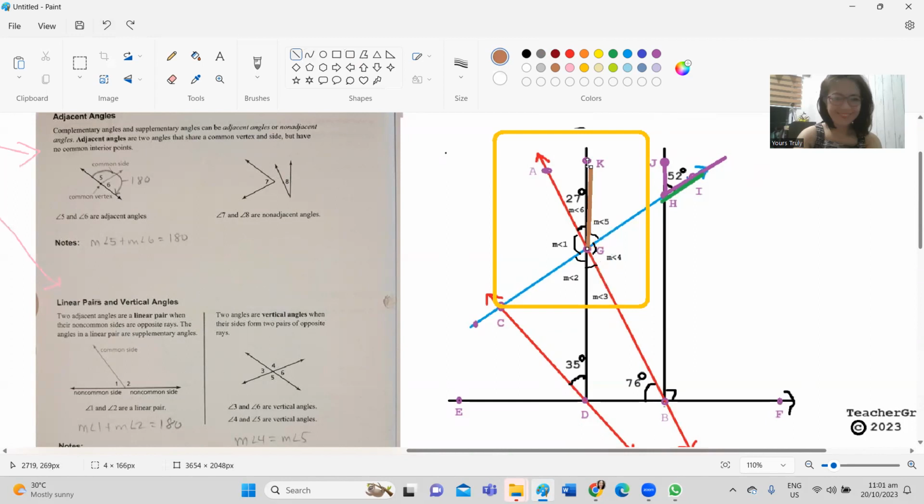If we use the line segment K, then its opposite is here. So the opposite angles will be this one and this one, right? You get it? That's the opposite.